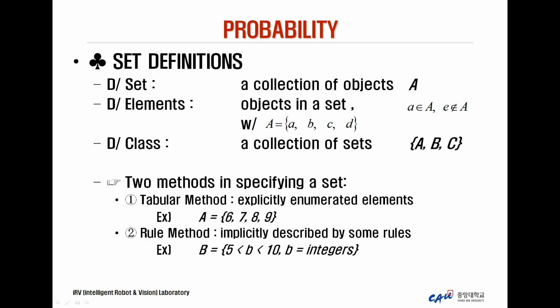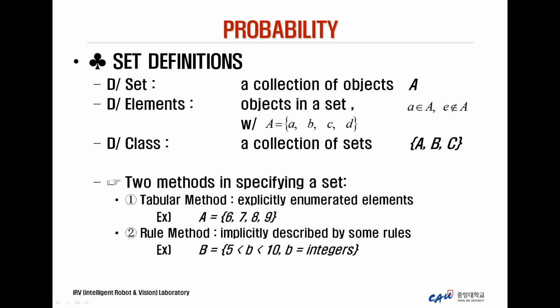Okay. Also, by the way, there are two methods when you specify a set. The first one is the tabular method, and the second one is the rule method. In the tabular method, you explicitly enumerate elements. For example, capital A has 4 elements inside the set A, which are 6, 7, 8, 9.